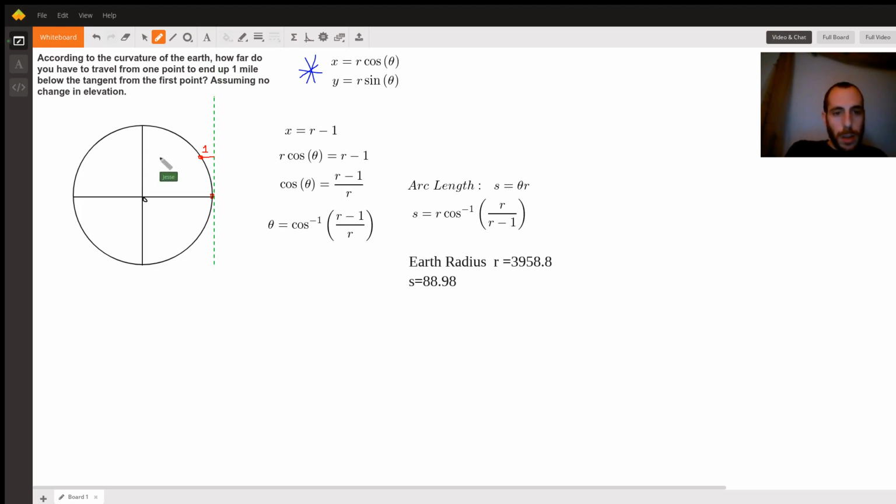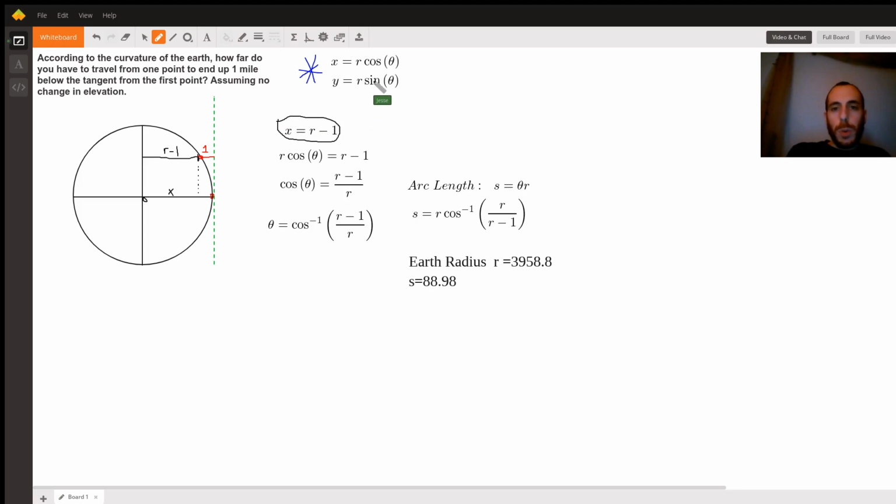So if I draw this right here, this is r minus 1. And if I just draw a little dotted line down from there, this is also our x. So this gives us our first part: x is r minus 1.